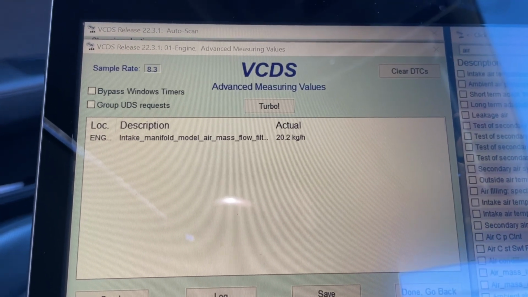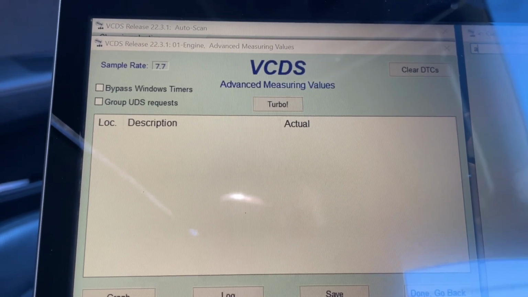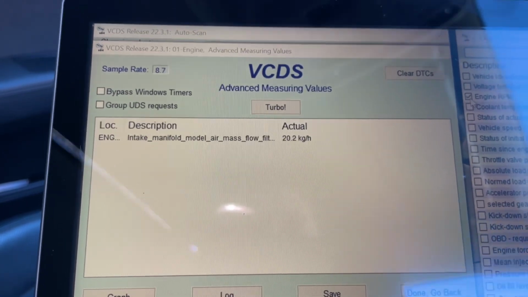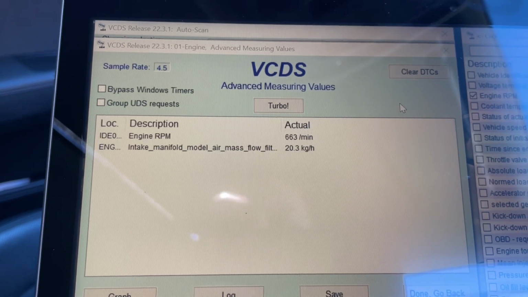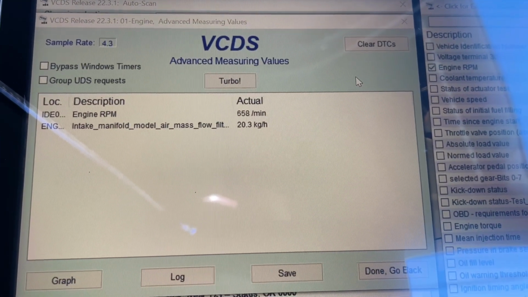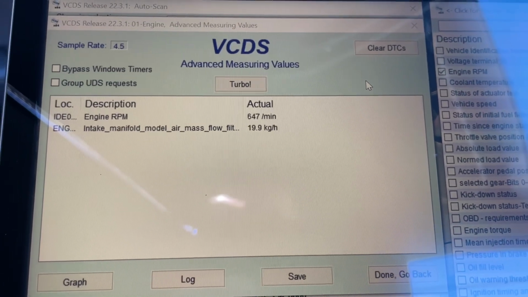Let me show you the revs as well, because right now we've got idle, we've got RPM here, and basically you can see it's around 20.